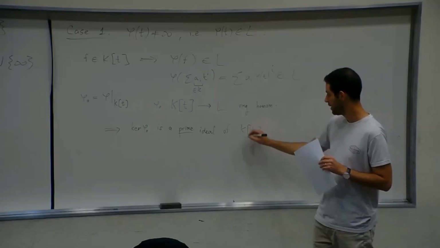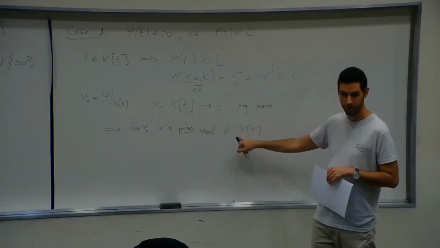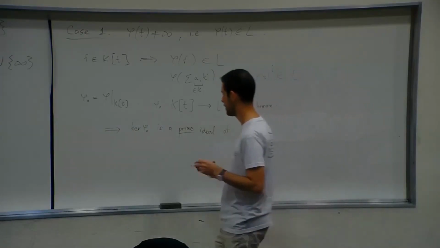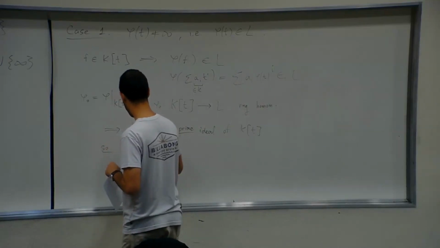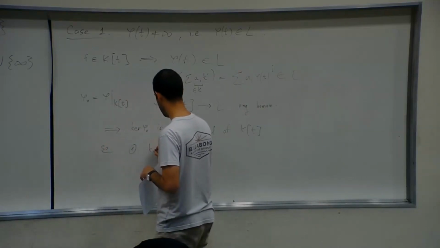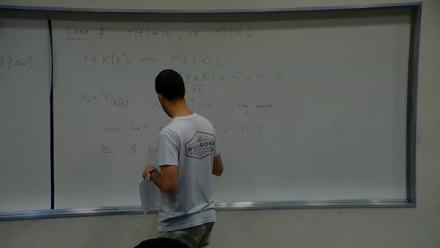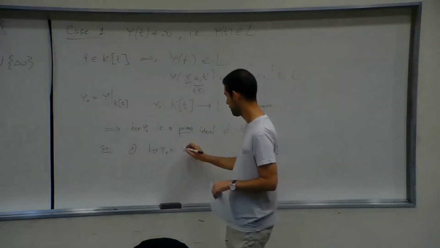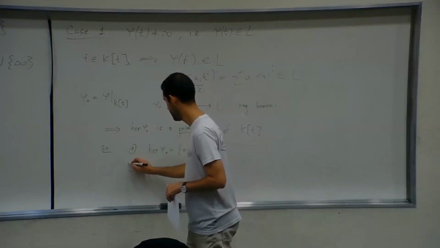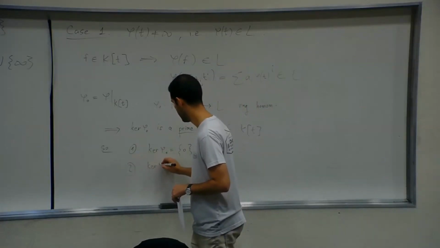And then what? We know what the prime ideals of the polynomial rings over a field are. So one option, the kernel is trivial, 0. Second, the kernel is what?